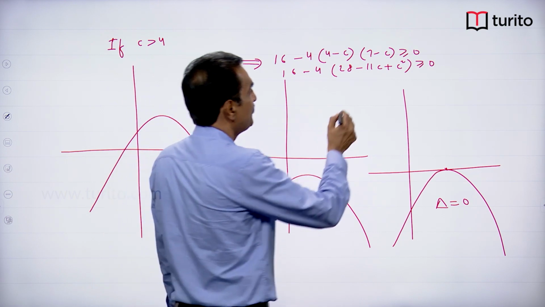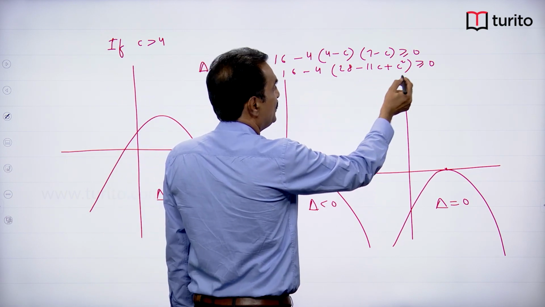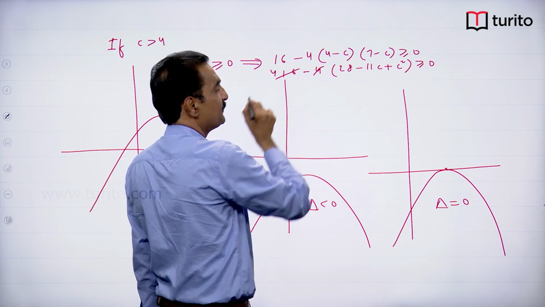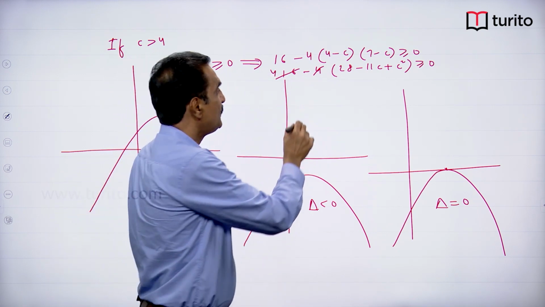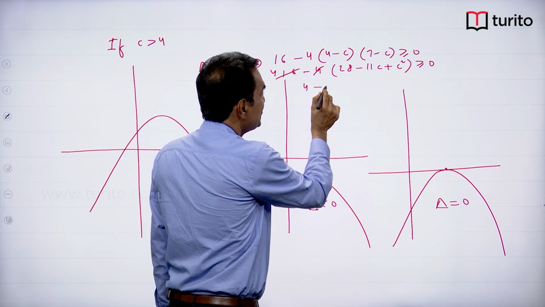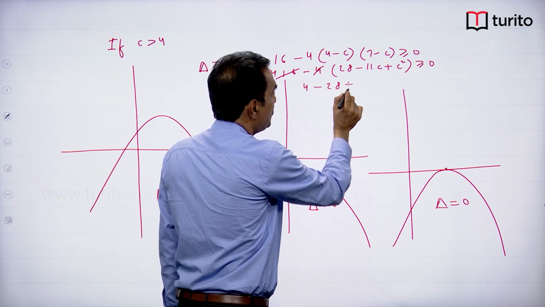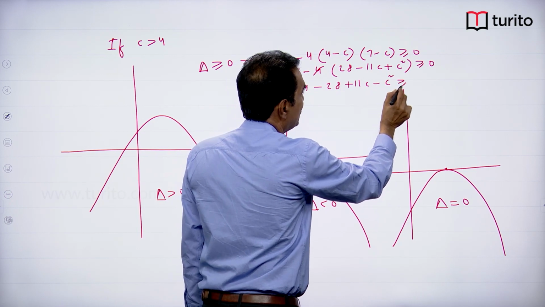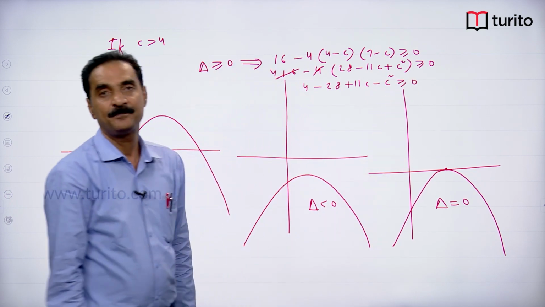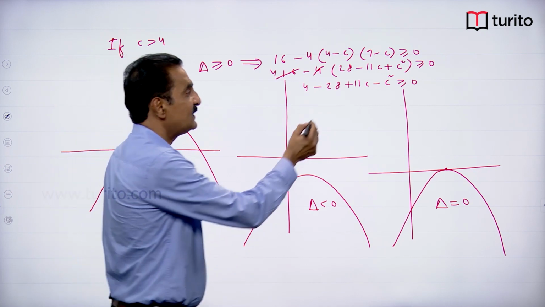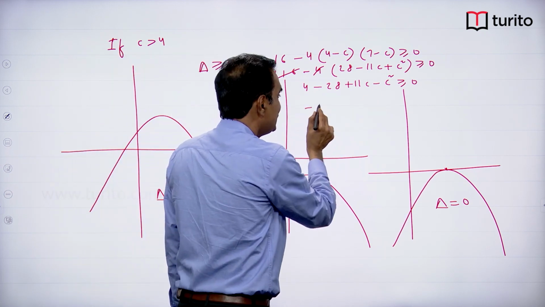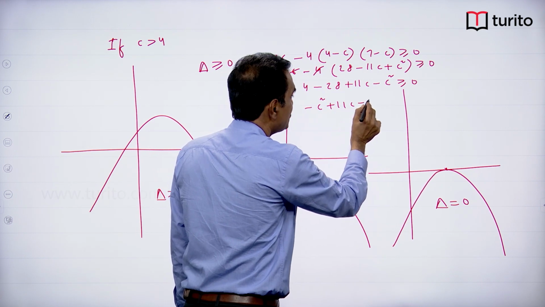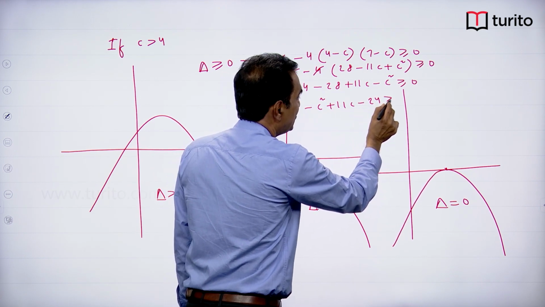Simplify further, you can cancel 4. If you cancel 4, 16 becomes 4. So, 4 minus 28 plus 11c minus c square greater than or equal to 0. Then minus c square plus 11c minus 24 greater than or equal to 0.